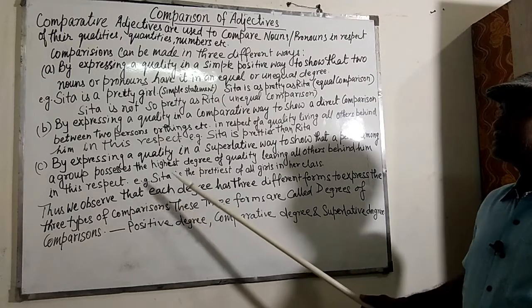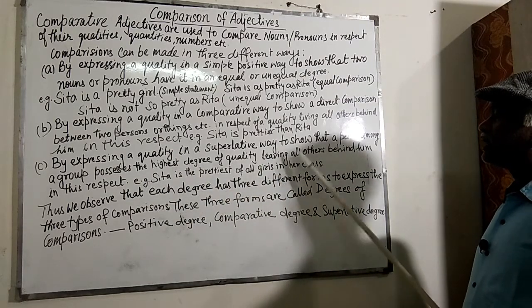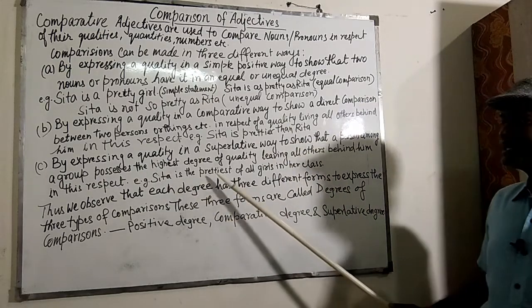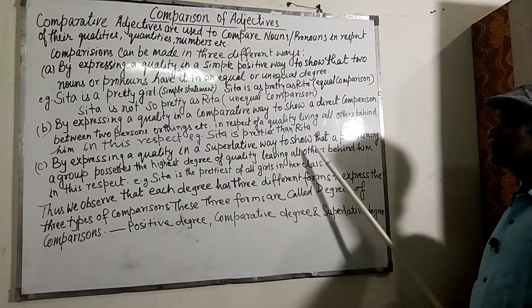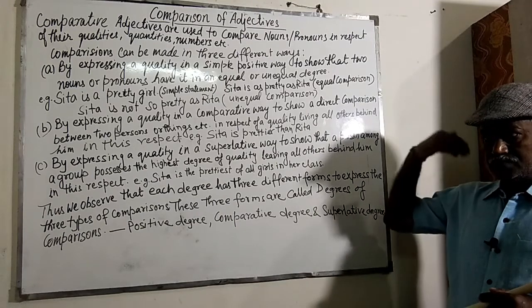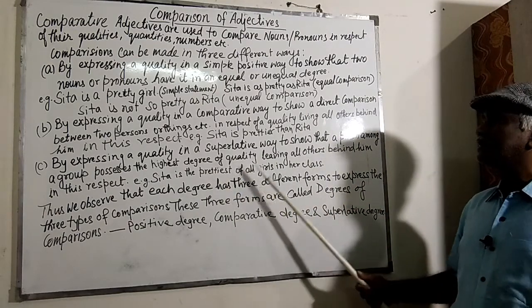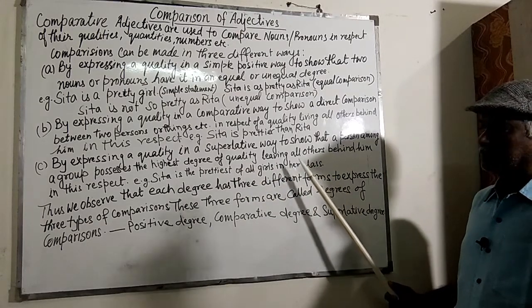For example, Sita is the prettiest of all girls in her class. That means Sita is the most beautiful girl of all girls in her class. She is at the top.